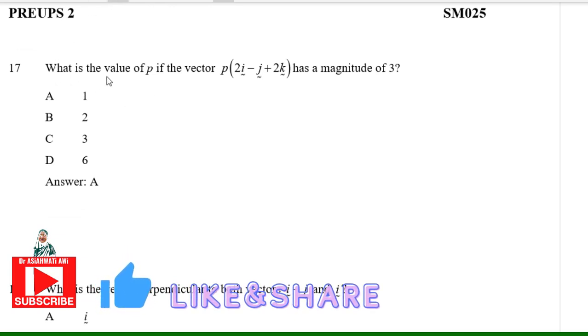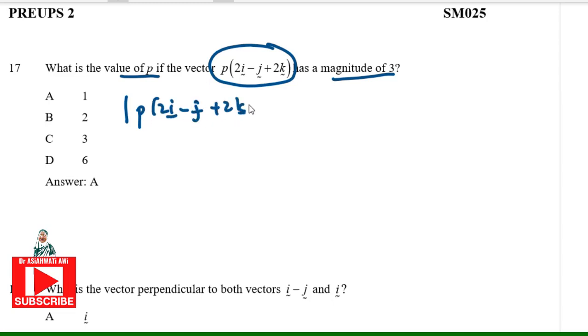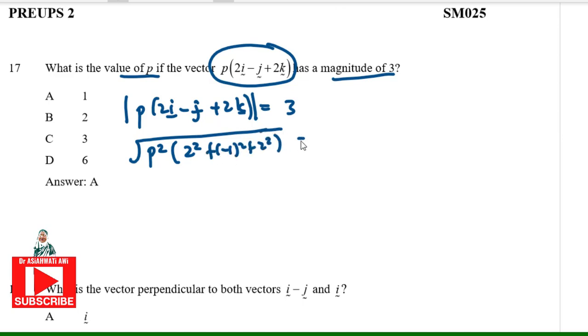Number 17. What is the value of P if this vector has a magnitude of 3? P, 2I minus J plus 2K, magnitude is equal to 3. Find the magnitude: P squared plus 2 squared plus negative 1 squared plus 2 squared, all under the square root, is equal to 3.